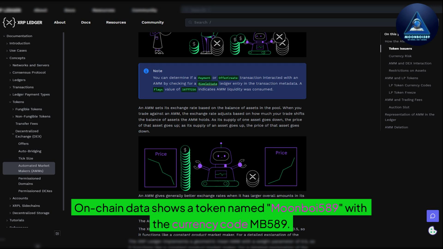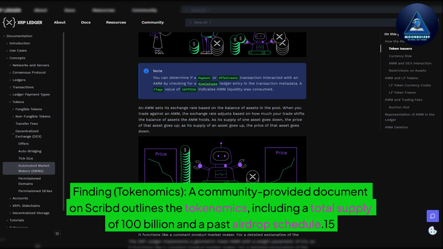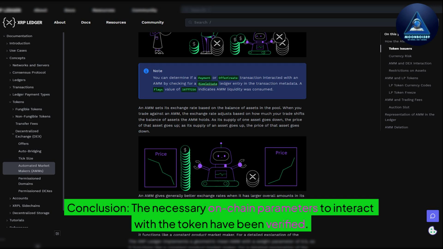On-chain data shows a token named Moonboy589 with the currency code MB589. Finding: tokenomics. A community-provided document on Scribd outlines the tokenomics, including a total supply of 100 billion and a past airdrop schedule. Conclusion: the necessary on-chain parameters to interact with the token have been verified.